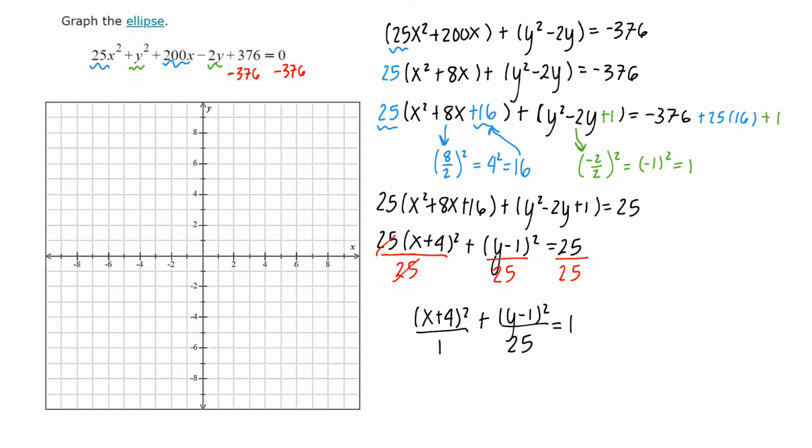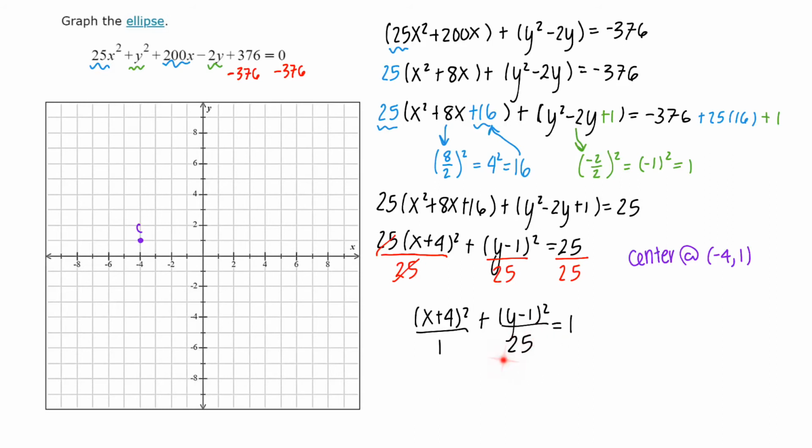So the center we can grab straight from here. The center is at negative 4, positive 1. That'll be right there. This is my center. Once again, the y-axis is the major axis, which has happened in way too many of these problems, but I'll fix that later.